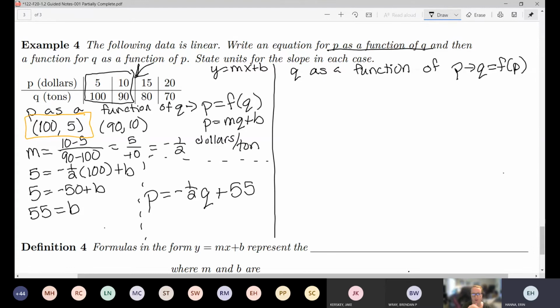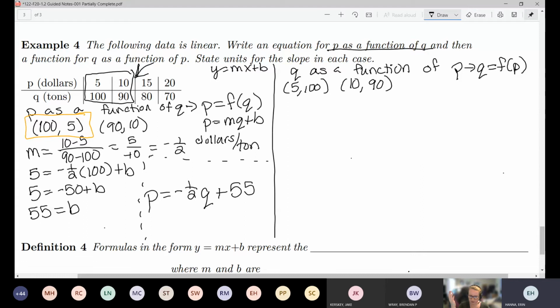If I use those same 2 points, the 5, 100, 10, 90 data set, let me write it in terms of how this is going to go now. So our p-values go first, so it would be 5, 100 and 10, 90. We have to keep track of which one's acting as what.